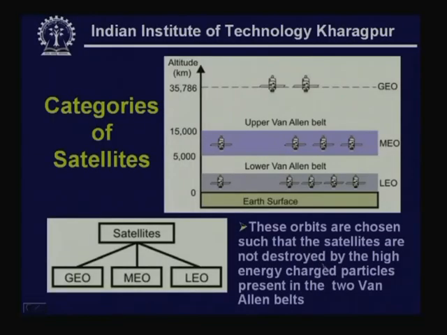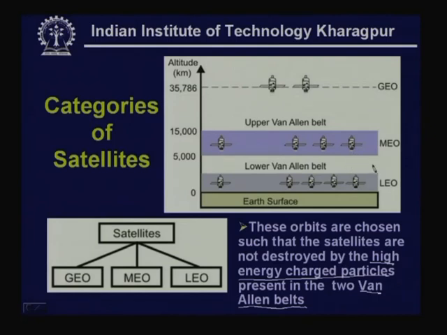Van Allen belts are essentially where there are high energy charged particles, high energy protons, and there are two such Van Allen belts, as you can see. One is here about 3000 to 5000, and another is from above 15,000. Obviously, if satellites are placed in these regions, then they will be destroyed by the high energy particles.